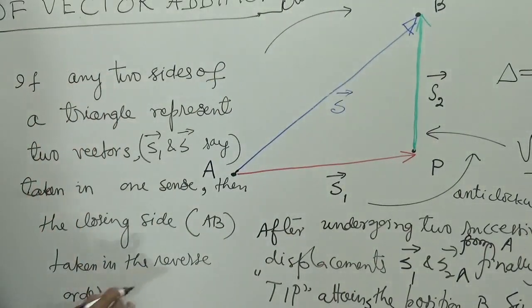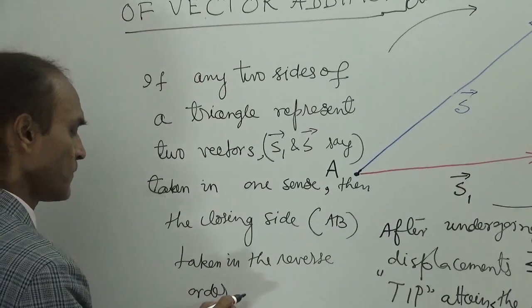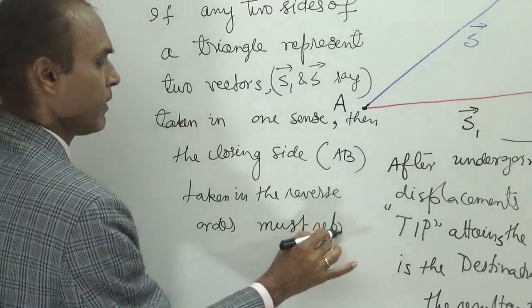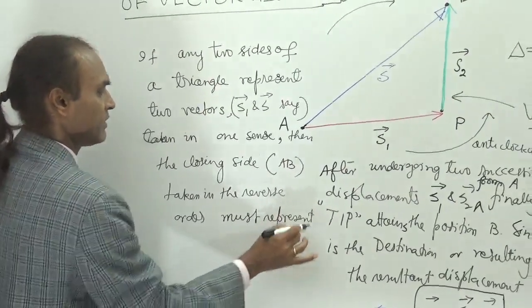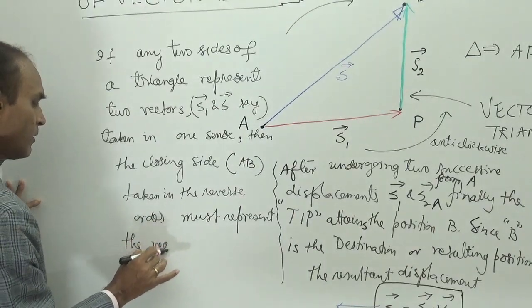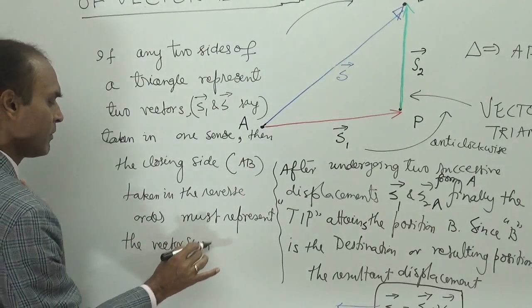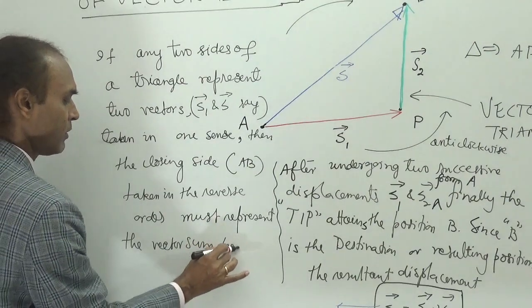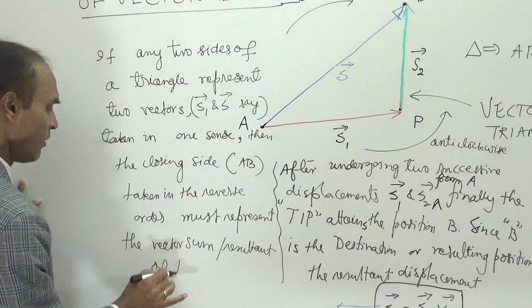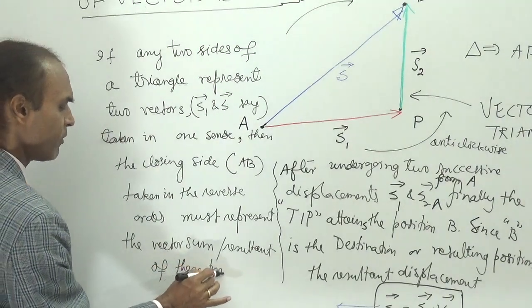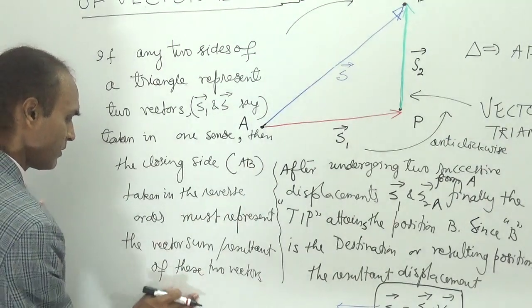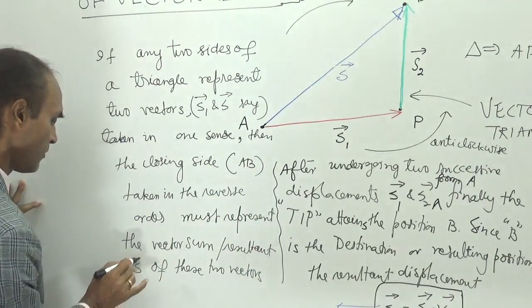Taken in the reverse order must represent the vector sum or resultant of these two vectors.